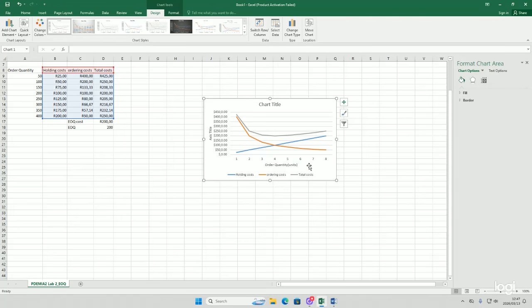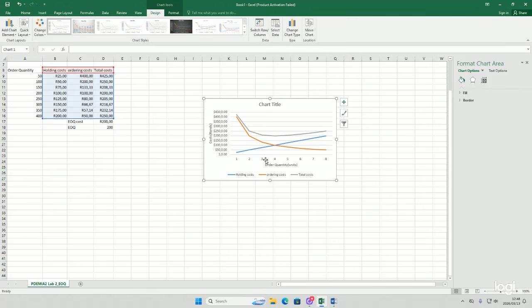You have your order quantity, and now you come and label this to say these are your costs in rands.